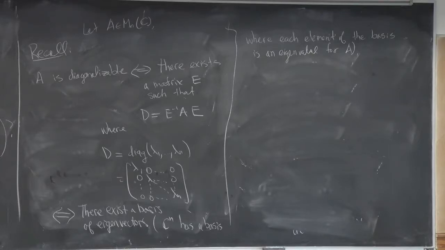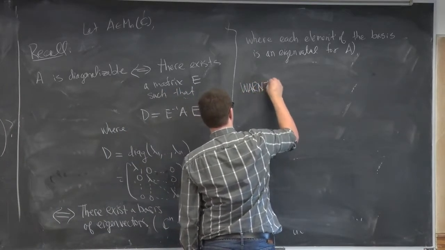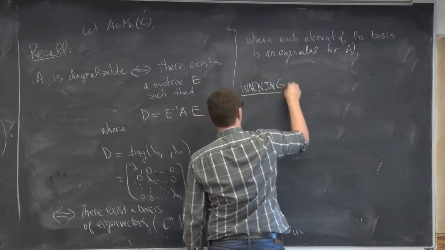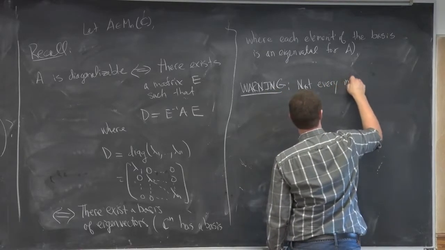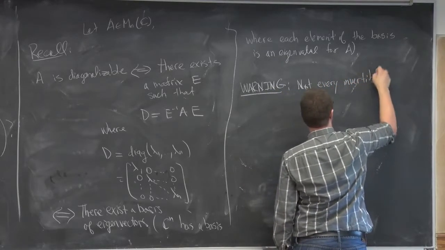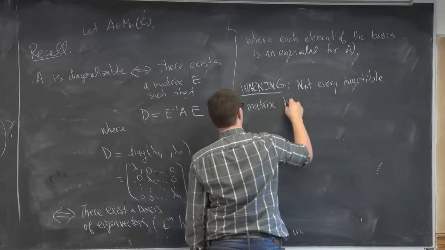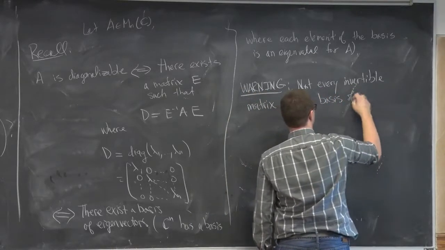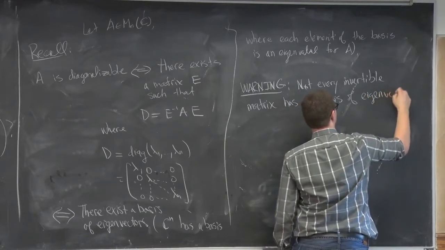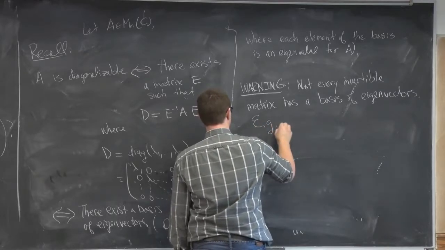And so the warning that I wanted to give here is that not every invertible matrix has a basis of eigenvectors. There's a classical example.